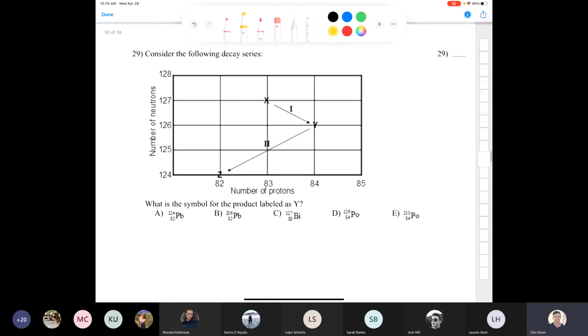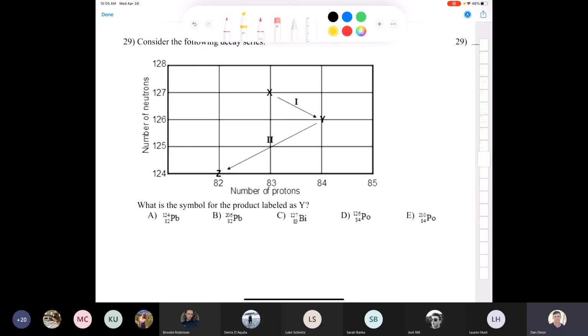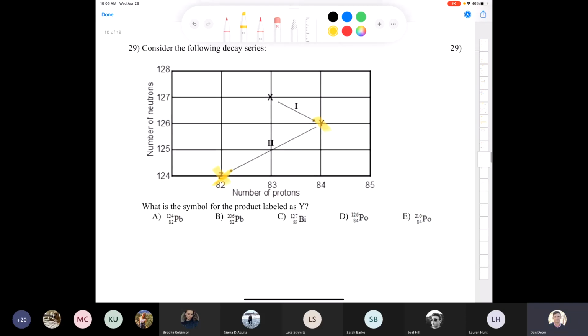Question 29, another decay series. The exact same rationale that we looked at a couple of questions ago. It's asking, what is the symbol for the product labeled as Y? I just noticed that I chose Z in my answer, so I'm going to have to double check that. But anyhow, it's asking you about Y. You're not asked about Z, so I'll cross that one out and fix my mistake right now.